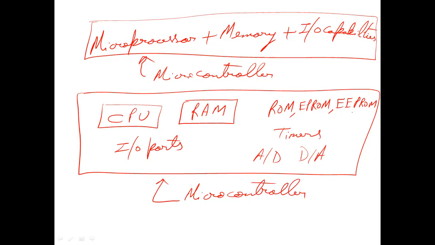And this EPROM requires UV light for erasing, whereas this electrically erasable programmable read-only memory can be erased using electrical means.